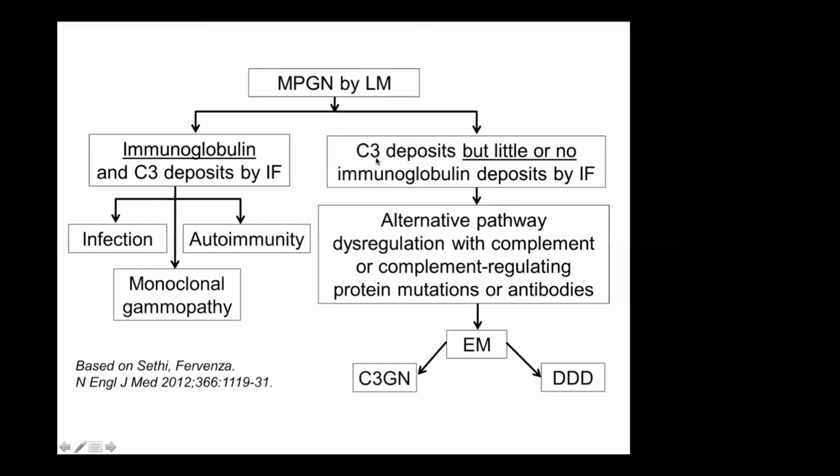If we have only C3 deposits on IF, then as I told you there is a problem, a dysregulation in complement or complement regulating proteins in the alternative pathway. It is either dense deposit disease or C3 glomerulonephritis, and we need to distinguish between them by electron microscope. This is a fairly new entity.